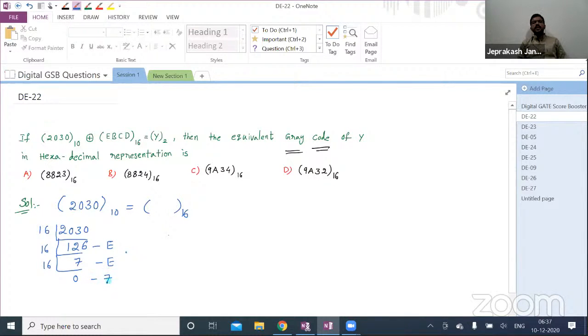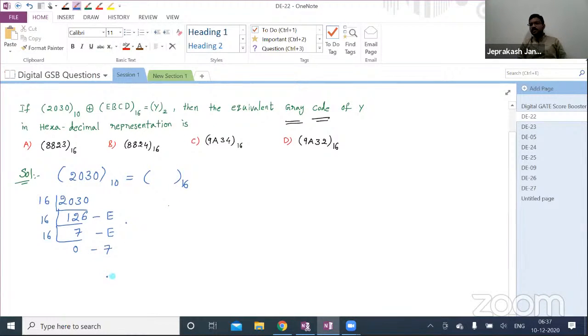Now, whatever digits you are getting here, will we consider the reverse order, that means down to top, or top to down? In which order will we consider? Reverse order, right? Down to top. Yes, very good.